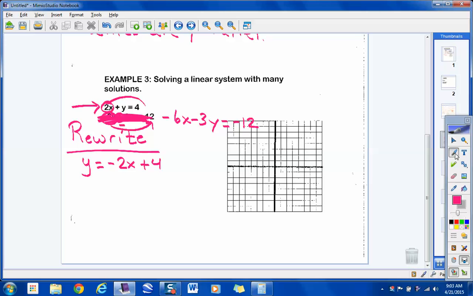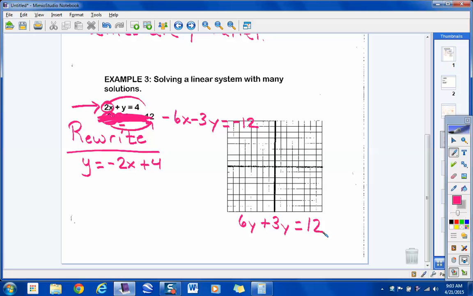Okay, let's redo this. This is what it was originally supposed to be. First of all, is 3y positive or negative? What should I do with all the signs then? Change them first, right? So change this to 6x plus 3y equals positive 12. Okay, we want that y to always be positive. All right. Now let's move that 6x out of there.